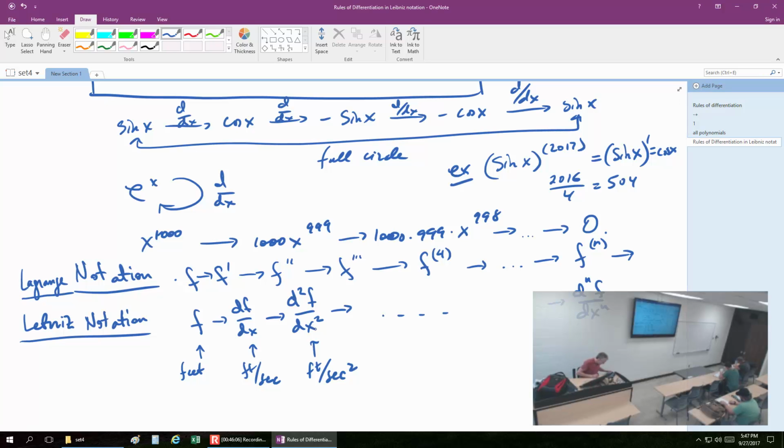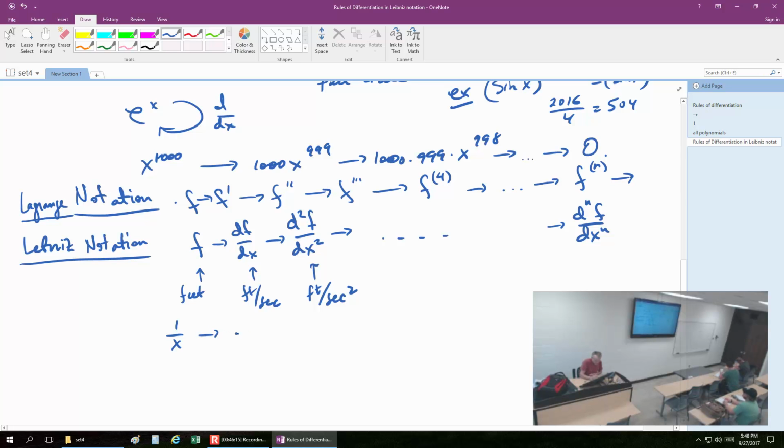Okay, there's one more interesting thing. What's happening if I start with 1 over x and start differentiating? What's going to happen? That'd be x to the -2, or negative x to the -2.